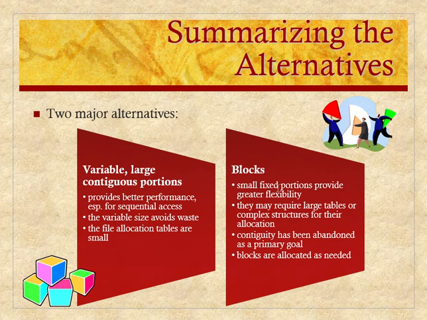The second alternative is using blocks, small fixed portions, to provide greater flexibility, but may require larger tables or complex structures for their allocation. Okay, contiguity has been abandoned, and blocks are allocated as needed.